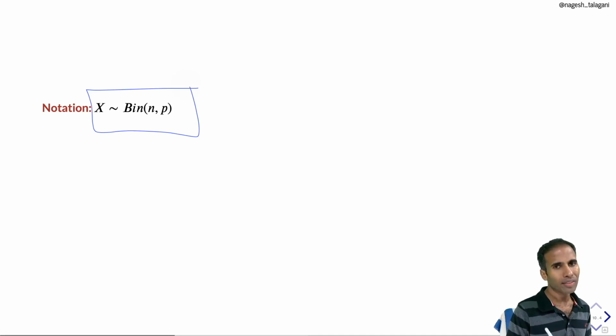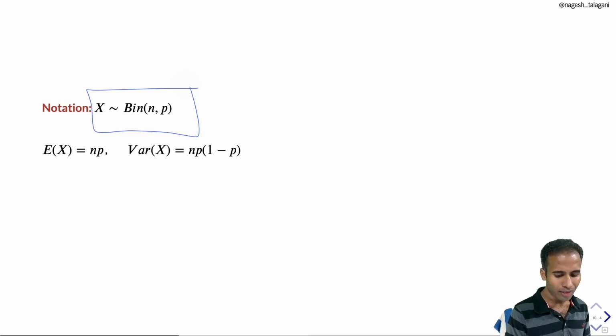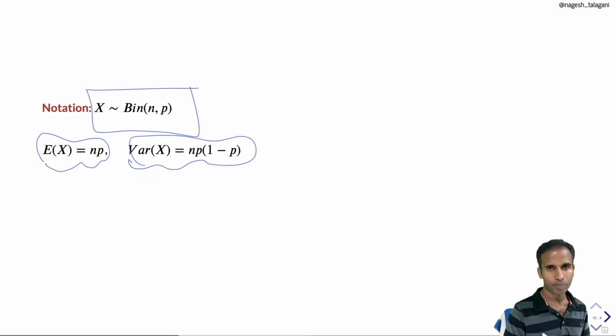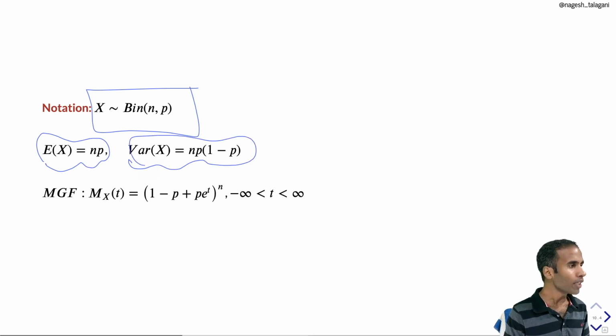We have already seen this distribution earlier. In fact, we computed in the previous classes that the expectation of X is np, and the variance of X is np times (1 minus p). Now the MGF is (1 minus p plus p e^t) to the power of n. It makes sense for any t between minus infinity and infinity.